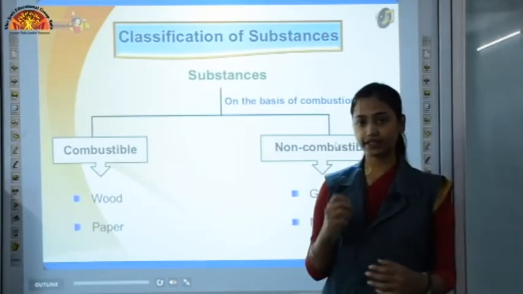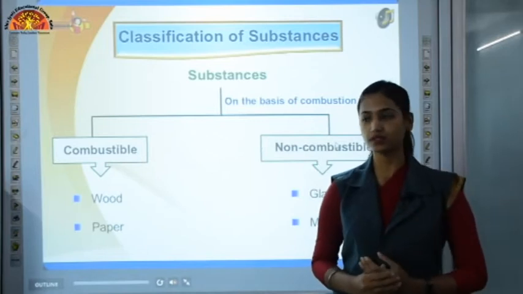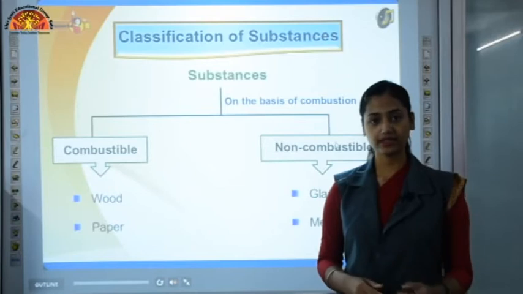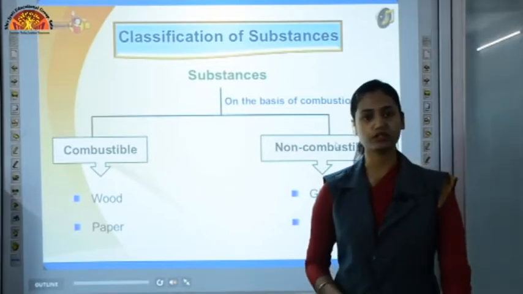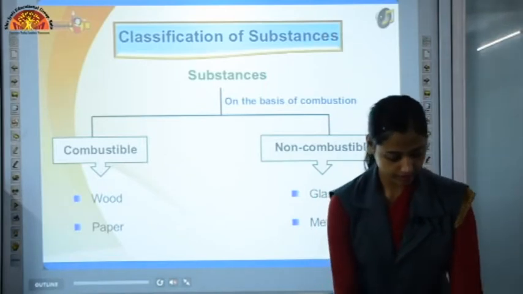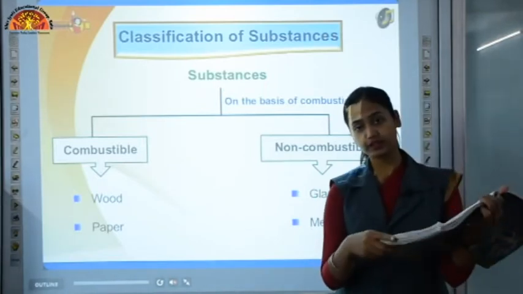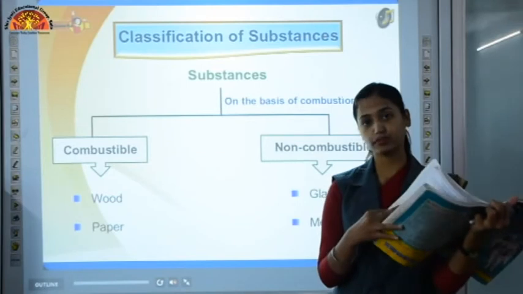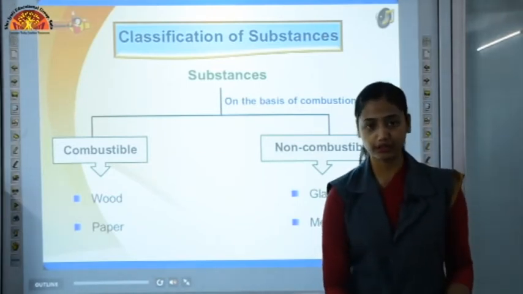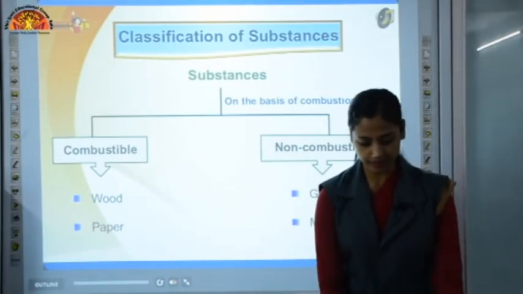So can you name few combustible substances which you can see in this frame? You can see here, I think this table is not visible to you, but this is a wooden table, this is combustible. The paper of your book is again a combustible substance. The clothes, the clothing material which we wear, that is again a combustible substance.